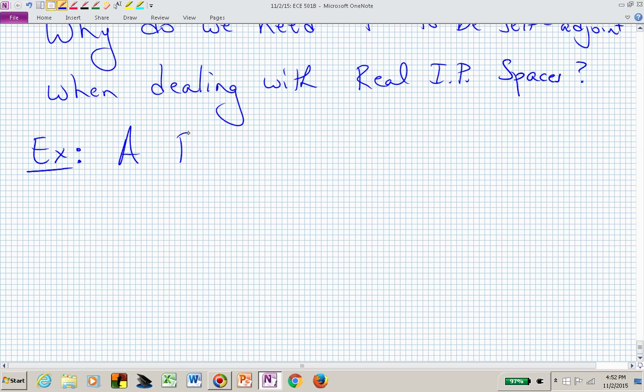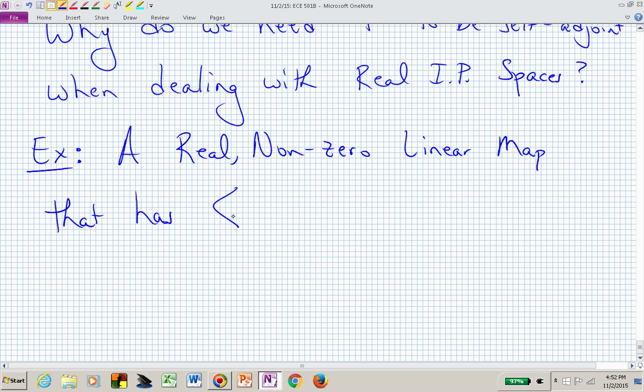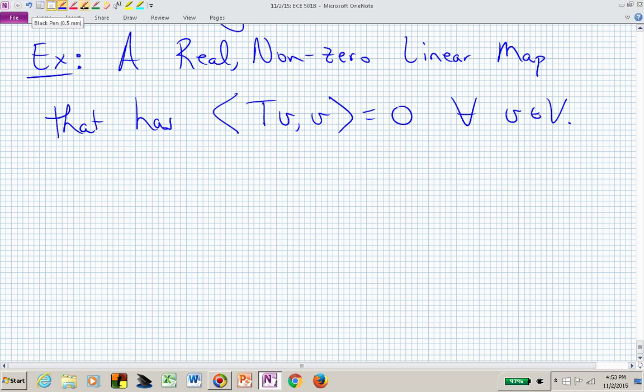Suppose that we start with a real, non-zero, linear map that actually has the inner product of TV with V equaling 0 for all V. So if we can find that, then if it's non-zero, that's why we might need this self-adjoint characteristic of that linear map.